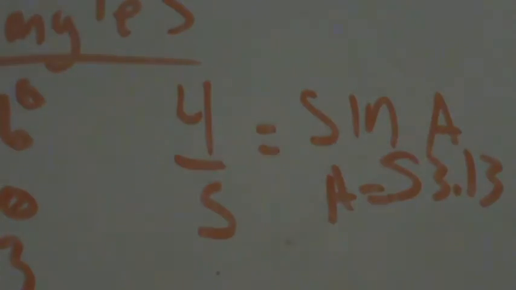So let's see what we have here. We have 53.13 there. And this should be equal or extremely close to our 180 degrees, because we know that there's 180 degrees in a triangle. So let's add this.